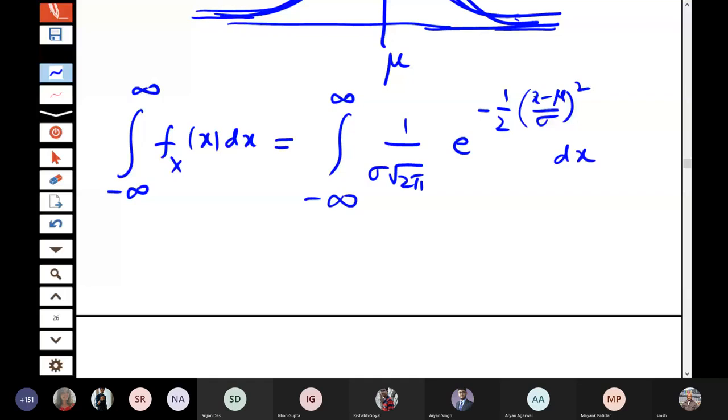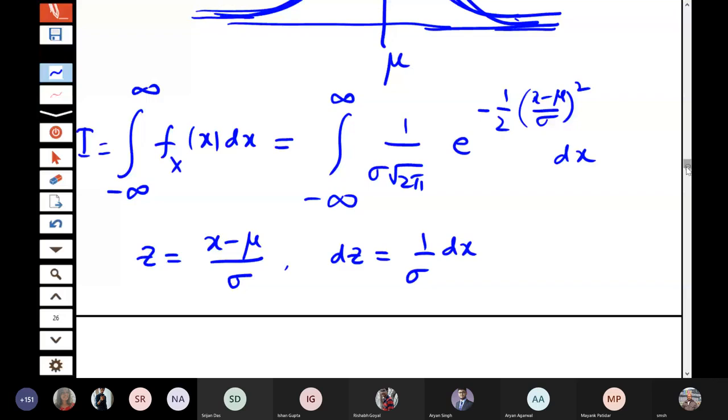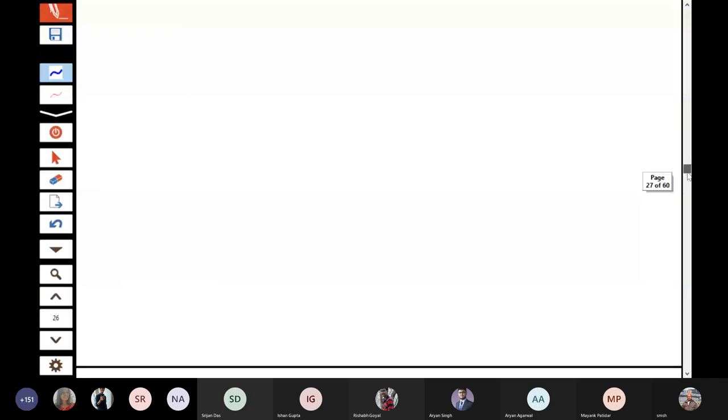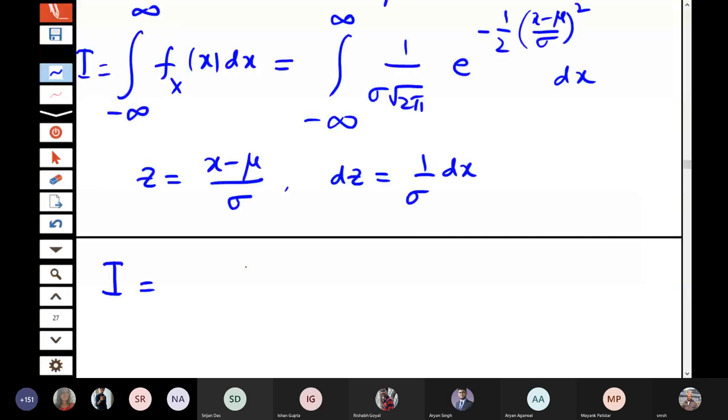If you look at this form, it immediately suggests a substitution of the type z is equal to x minus mu by sigma. If you put that, then this integral becomes 1 by root 2 pi e to the power minus t square by 2 dt.